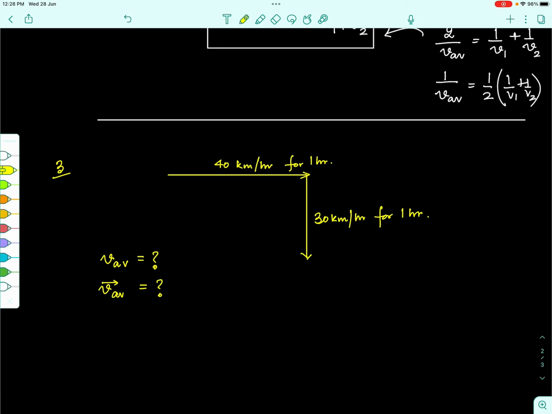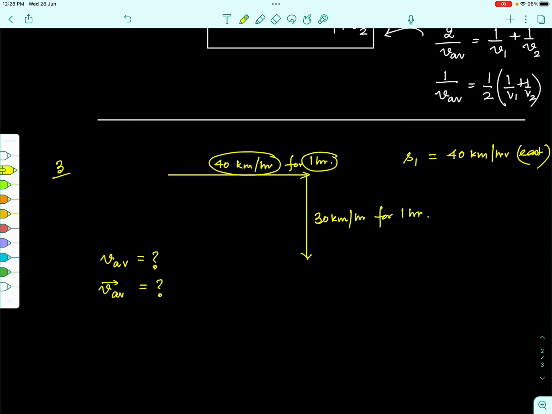So, how do we proceed? First thing that we can observe here is, if the car travels with a speed of 40 kilometers per hour for 1 hour, it will actually travel the distance of 40 kilometers in this first 1 hour. So, the first displacement S1 will be 40 kilometers due east, because the car has moved in the eastward direction.